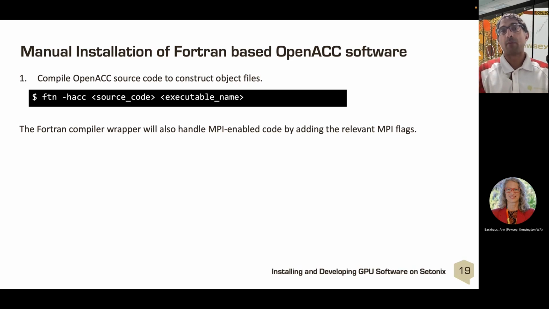The Fortran compiler wrapper will add all the appropriate flags, and just needs to be told that it's going to compile with OpenACC by compiling with the -hacc flag. This will enable MPI-enabled code. Now, to do GPU to GPU communication, you'll still have to do the previous steps. That is required for any sort of MPI-enabled GPU to GPU communication. So that's manual installation.